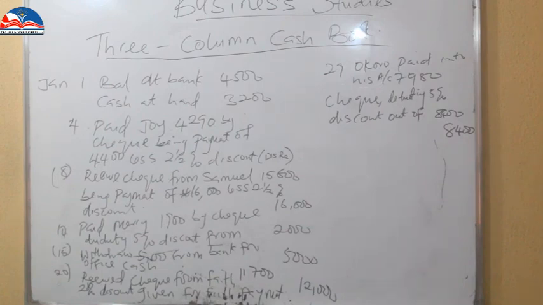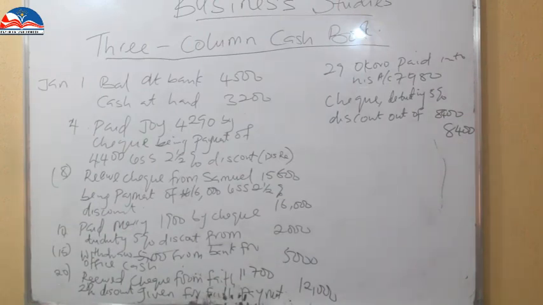On the 15th, he withdrew cash from bank for office running, so it's going to be cash at hand, 5,000. On the 20th, he received a check from Faith, 11,700, and he will have a 2.5% discount given for full payment of the account invoice, because he told Faith that if this account is paid on time, he will have a discount, and he gave him a discount of 2.5%, which of course was supposed to be 12,000, but he collected 11,700.